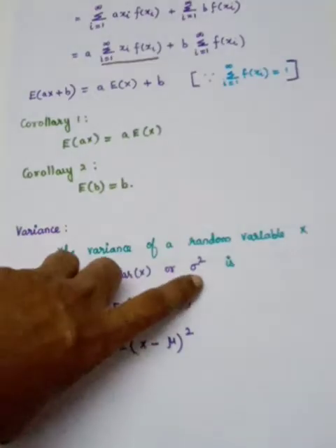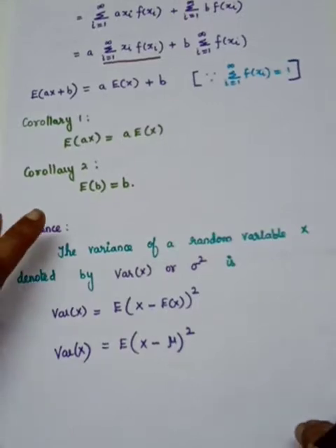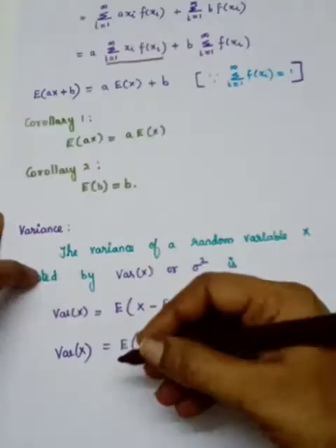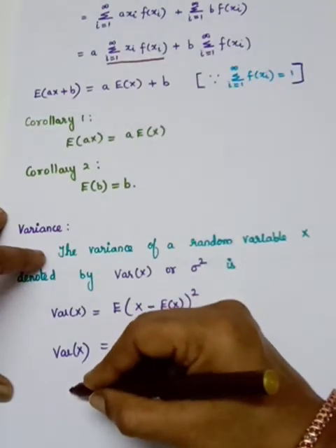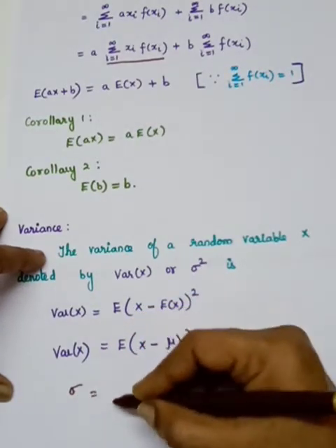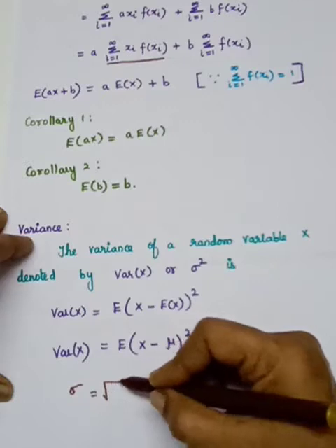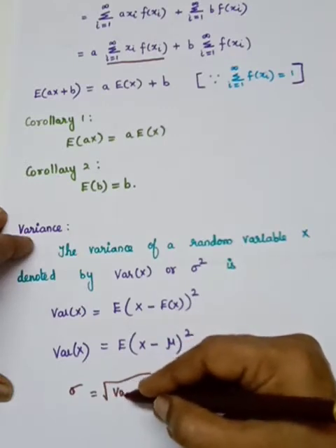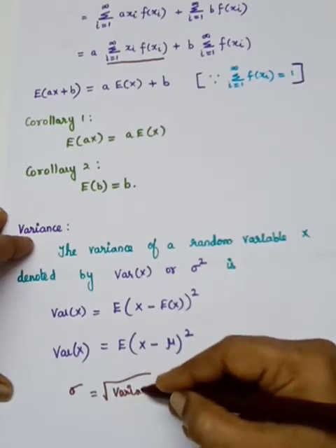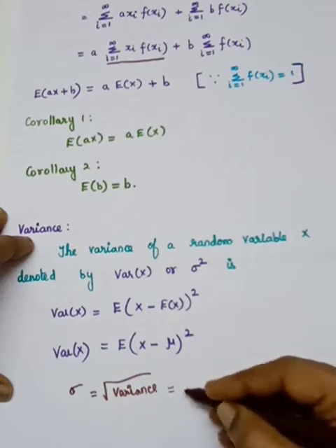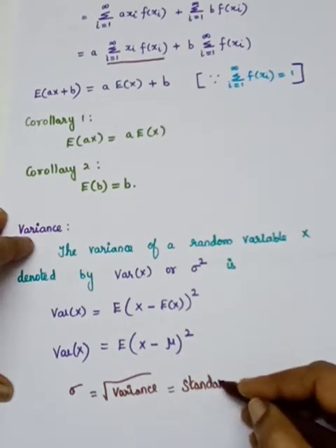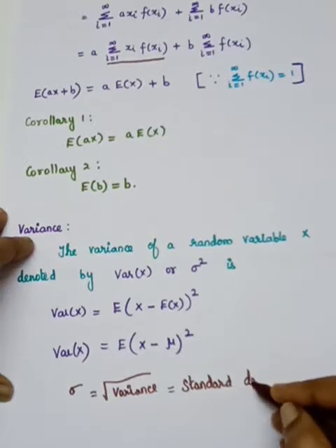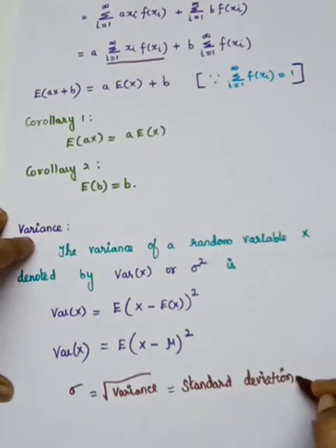And if sigma squared is equal to variance of x, then sigma is the square root of variance, which is the standard deviation, denoted by sigma.